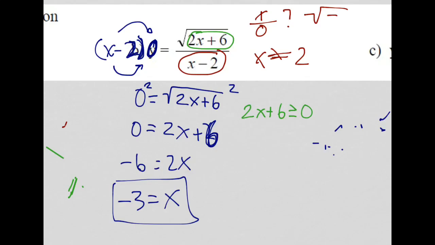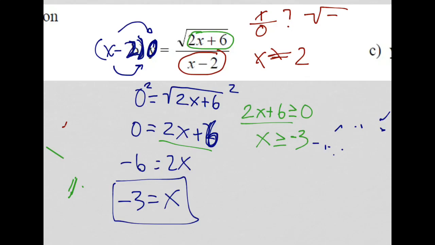So solve this inequality for x. Subtract 6 from both sides, and I know that x is greater than or equal to negative 3, because 2x plus 6 is the same as the 2x plus 6 right there.